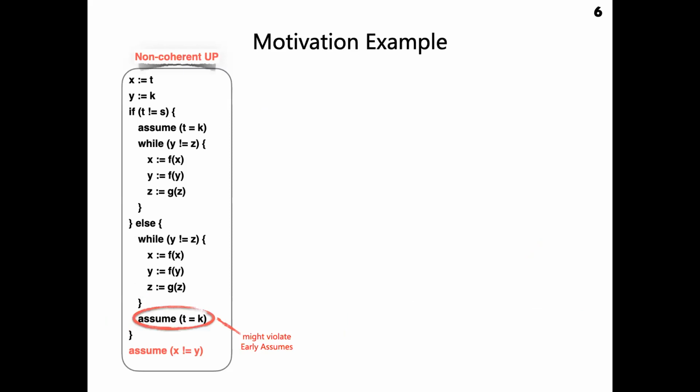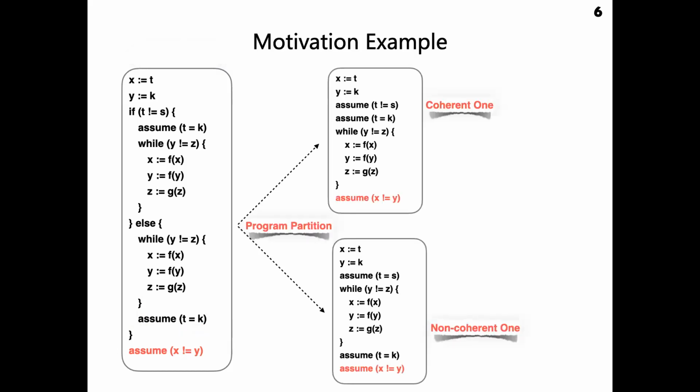Next, we use a motivating example to illustrate our method. We need to check if all traces of this program are infeasible. First of all, this program is not coherent because the else branch's execution violates early assumes. Then to verify such a program, we can first split it into several subprograms based on the control flow graph.